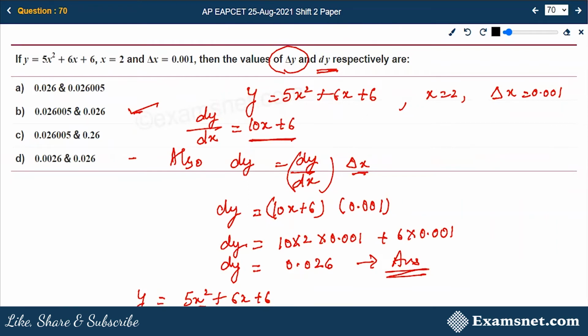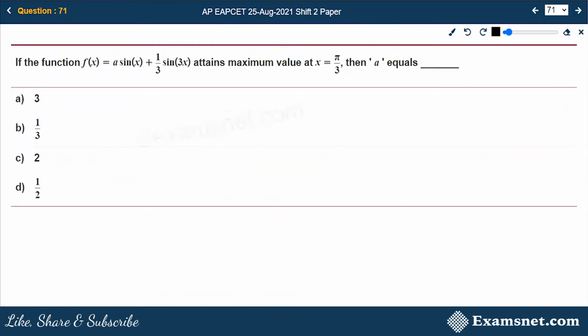Next question, question number 71. If function f of x is equal to a sin x plus 1 by 3 sin 3x attains a maximum value at x is equal to pi by 3, then a is equal to. So the given function is a sin x plus 1 by 3 sin 3x.